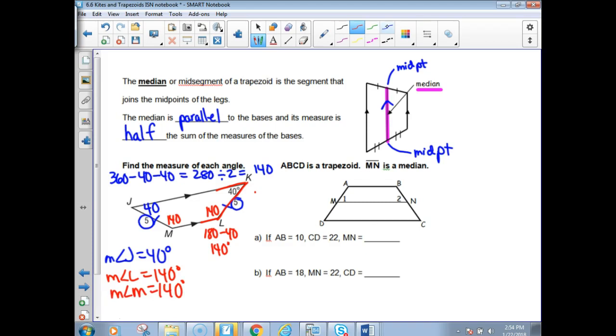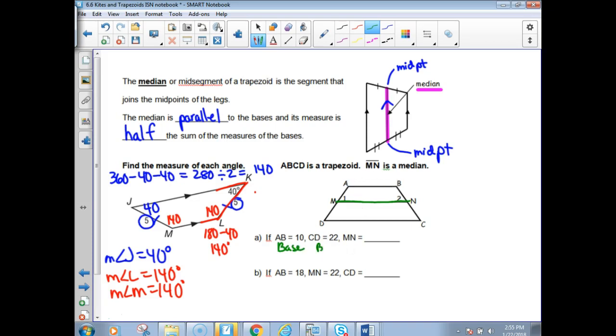Okay. Now we're going to talk about the mid-segment. So MN is a mid-segment, or a median, it says. ABCD is a trapezoid. It just says trapezoid, doesn't imply congruence. It says AB is 10. 10 would be a base, then. AB is a base.